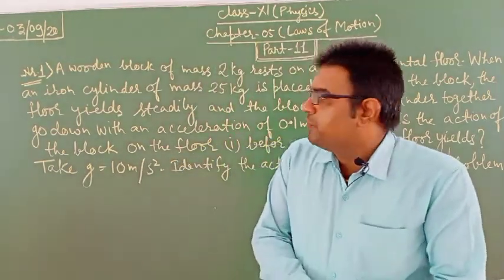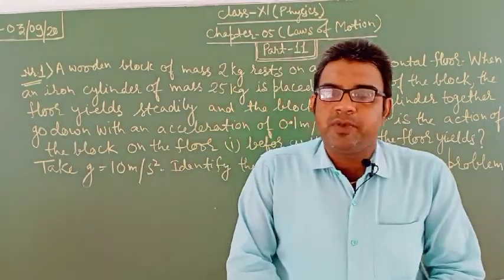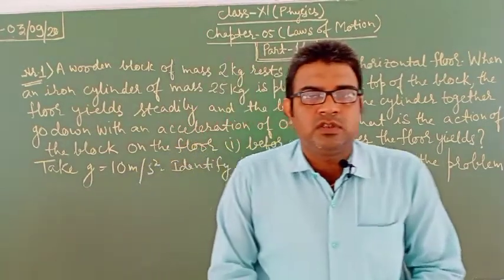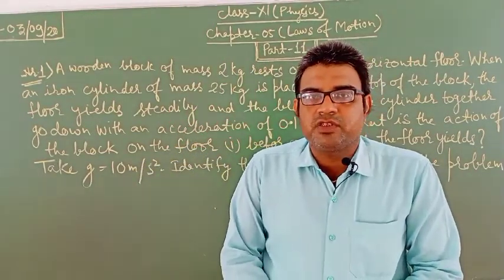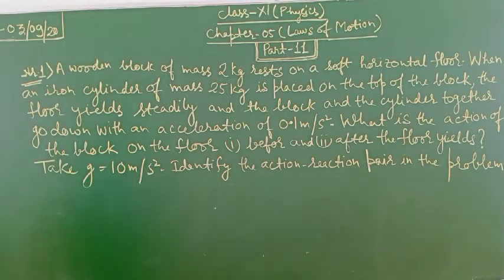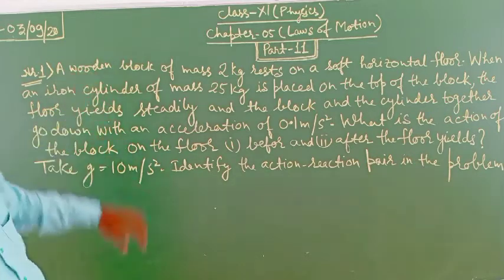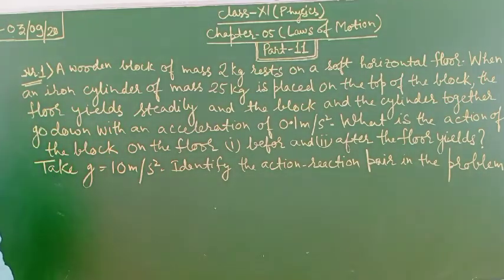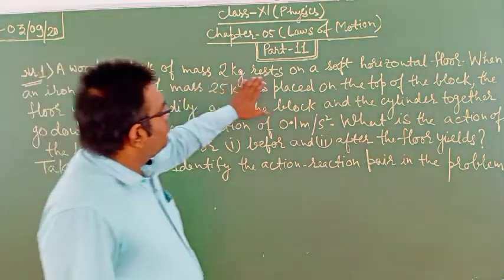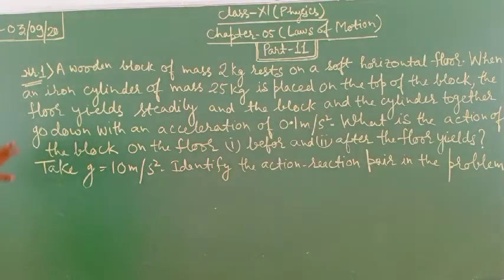Now, today we are going to discuss some good numericals based on free body diagrams and equilibrium of forces. So, one of the numericals is in front of you. Look here, students. It is given that a wooden block of mass 2 kg rests on a soft horizontal floor.